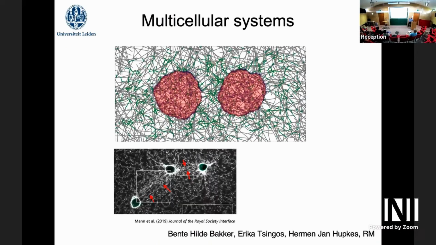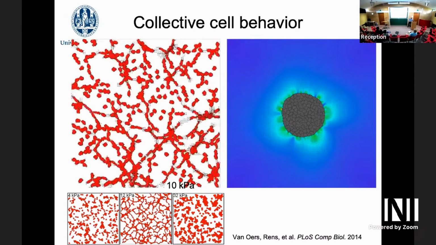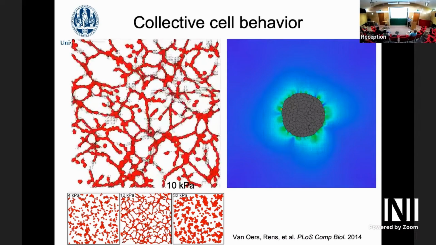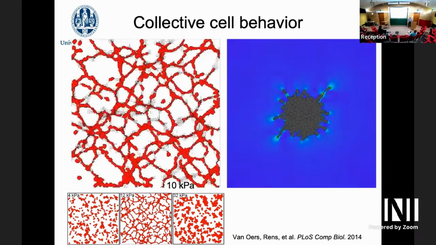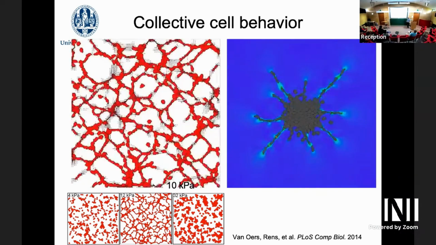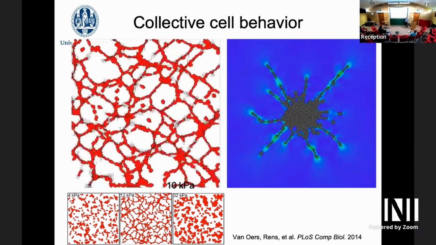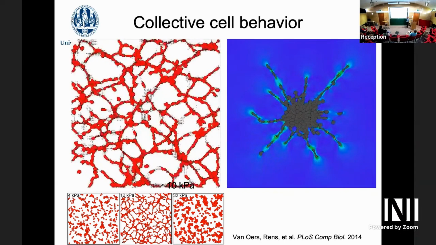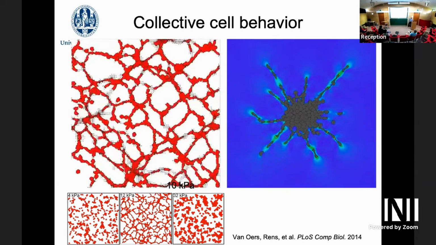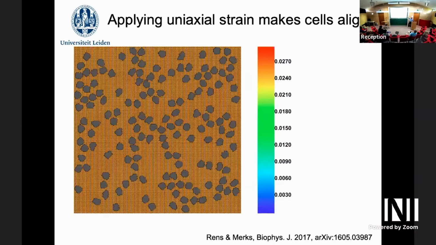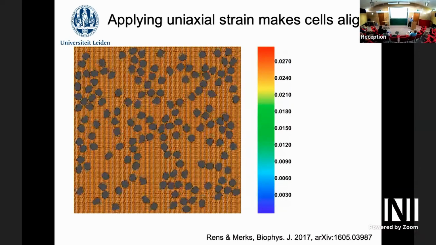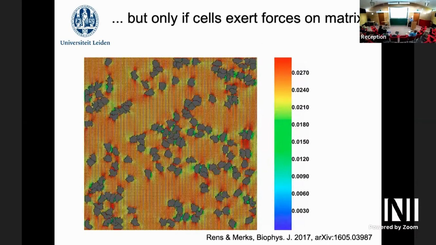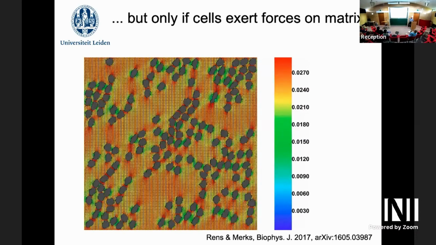And of course, we want to go to multicellular systems, so we can do that already with more simple models, where we put a lot of detail on computational dynamics into the Hamiltonian terms and the work terms. With that, we can also explain how cells respond to static stress, but they have to pull a little bit themselves in order to make that happen.